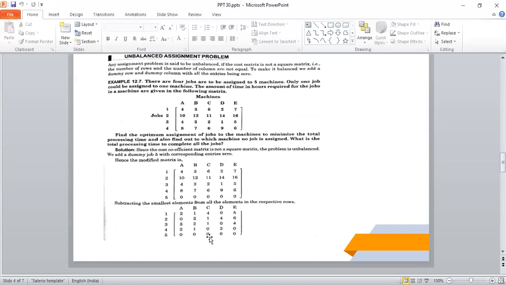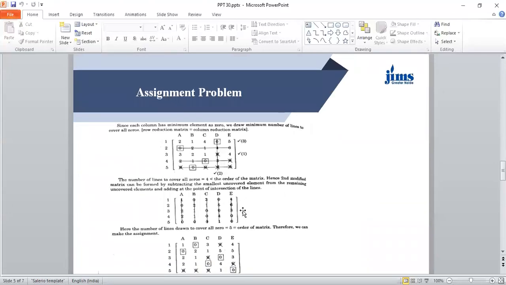Likewise, all columns have 0 as one of the cell entries. Therefore, if we deduct the minimum value from each element in that column, the value remains unchanged. So we get the same matrix as the reduced matrix. So this is the reduced matrix.